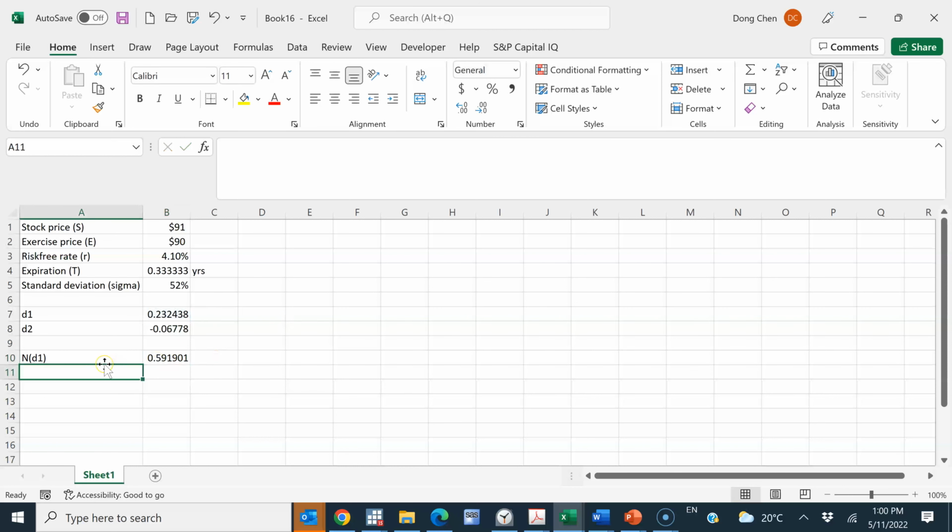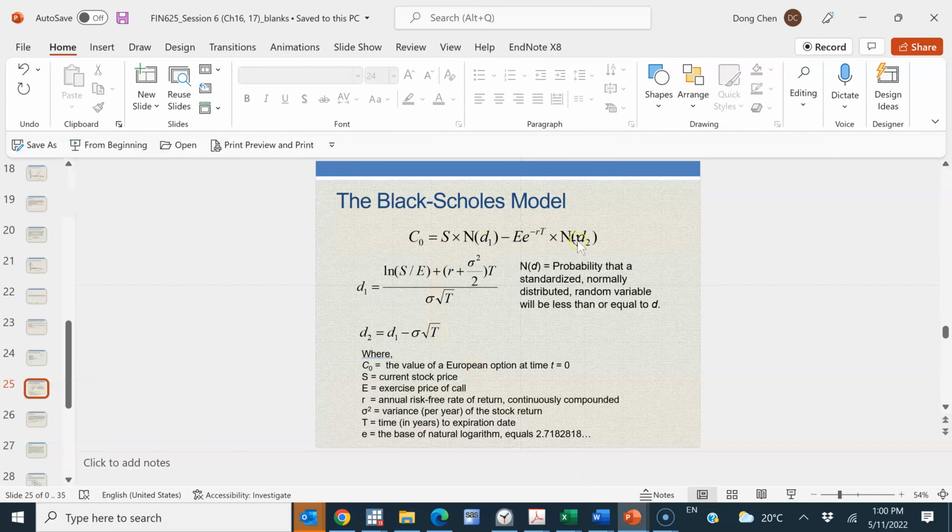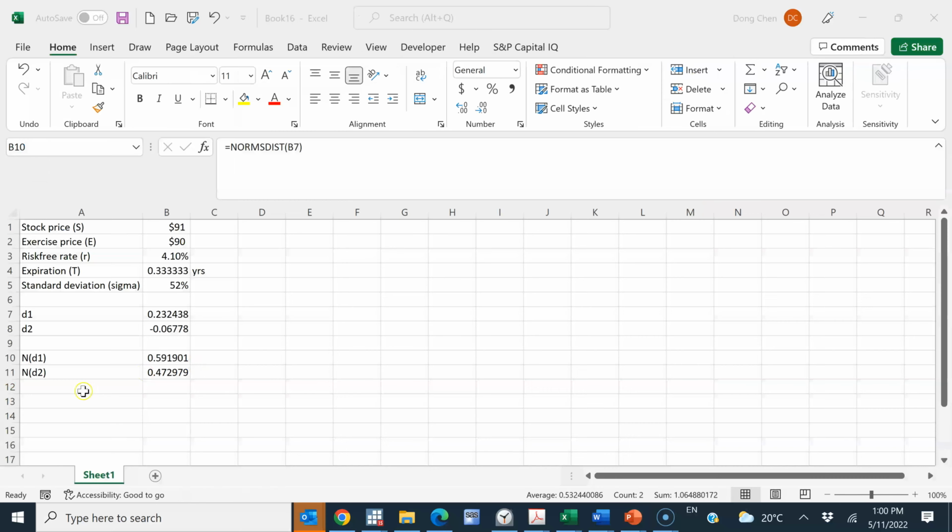And then I can also get this N(D2), right? Just drag the cell down to get that. So now I have both N(D1) and N(D2) calculated. I can just simply plug in this formula to get the value of the call option.